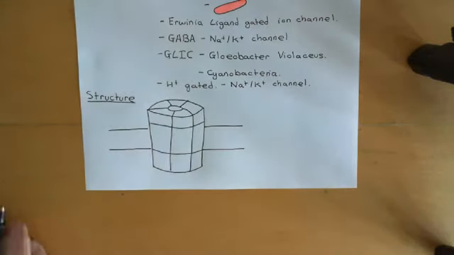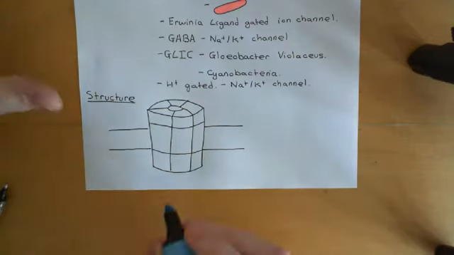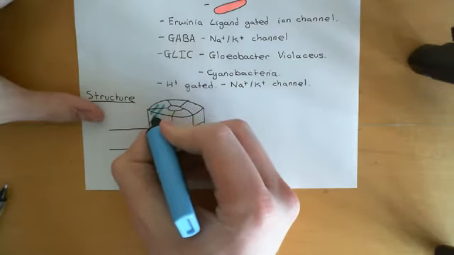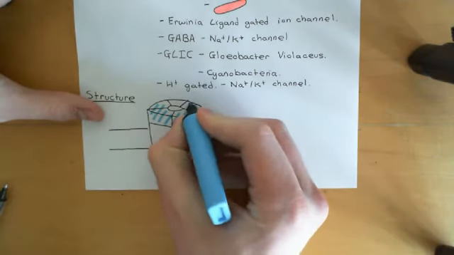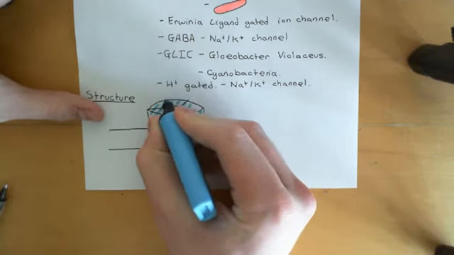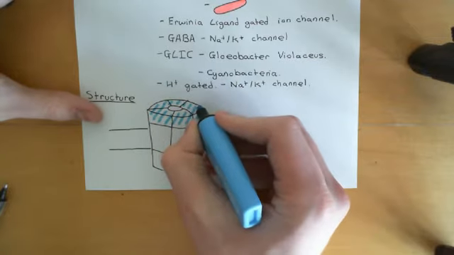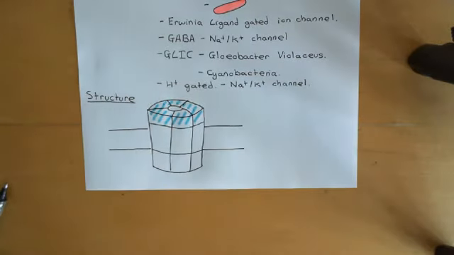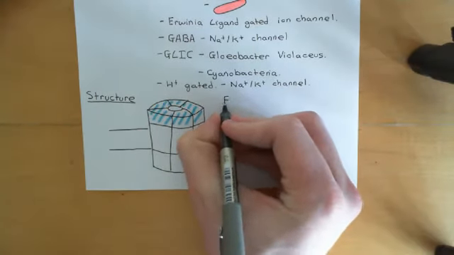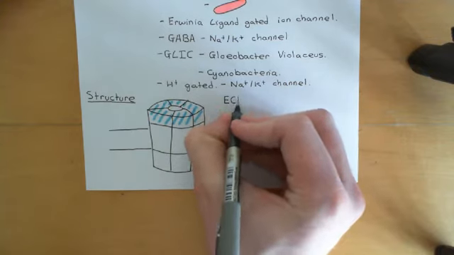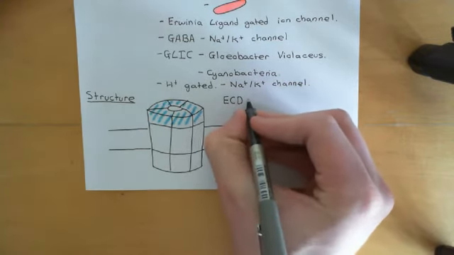Okay, right, so now let's highlight these different portions. I'll colour in this portion here in blue. These are the 5 extracellular domains of the Cys-Loop ligand-gated ion channel subunits, and together they all make the extracellular domain of the Cys-Loop ligand-gated ion channel pentamer. This is what we'll abbreviate down to the ECD for extracellular domain.